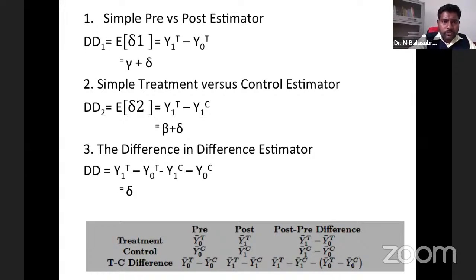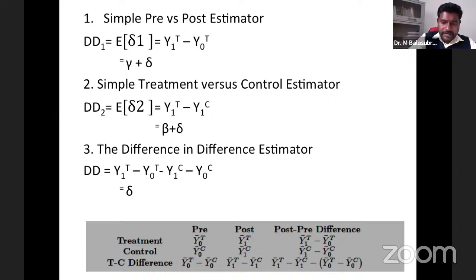So this 1 is the technological intervention, and the 0 indicates before the program. Applying these two factors here, we can get alpha plus beta plus gamma plus delta minus alpha minus beta.